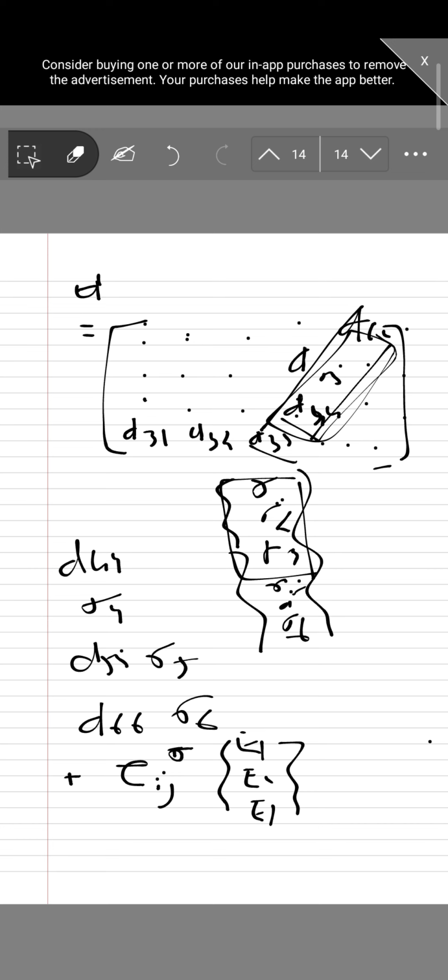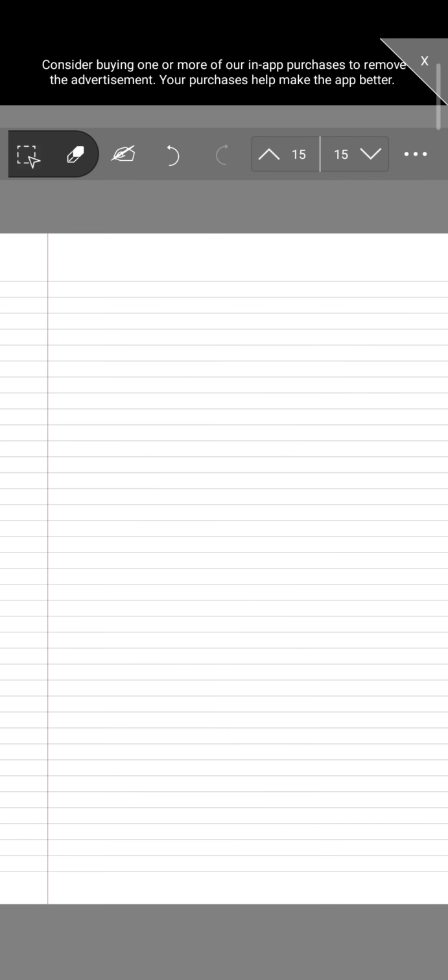So let's write the equations once more. The first equation is Eij, and the second equation is Dij, the electric displacement.